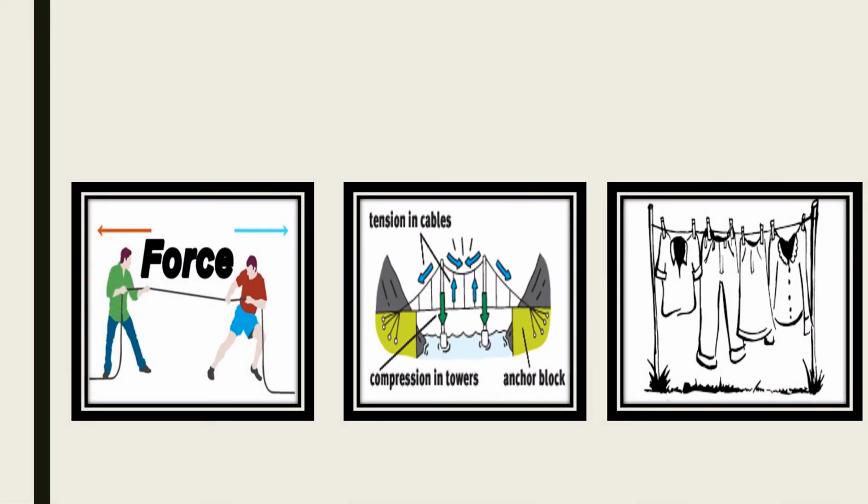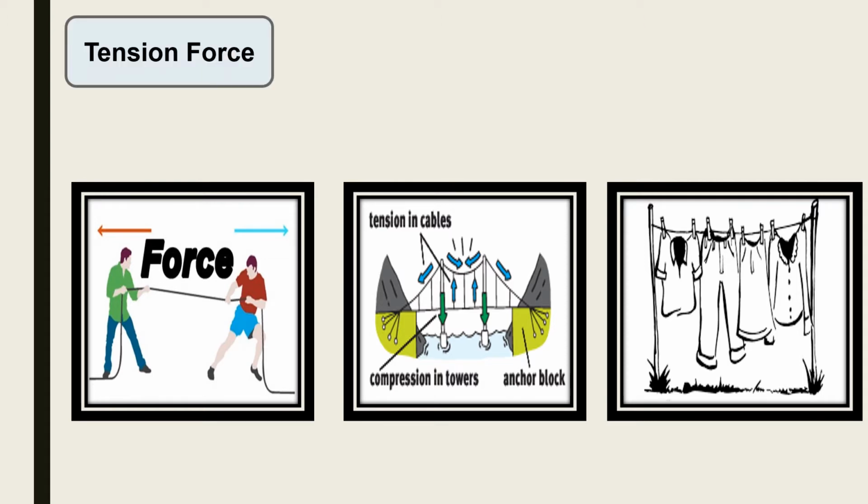So we have three pictures here. First one is the famous tug of war, the tug of line. The game is called tug of line, and this is a tension in the bridge. Okay, it's holding on, and then sampayan in Tagalog. So that's what you call the example of tension force.